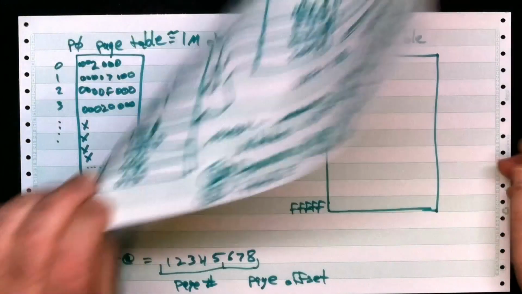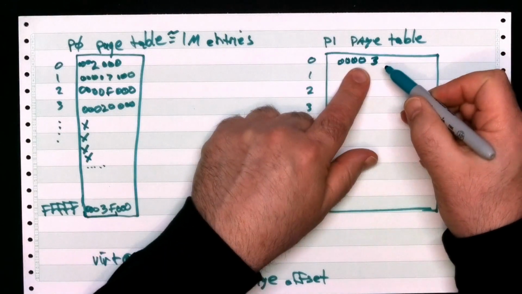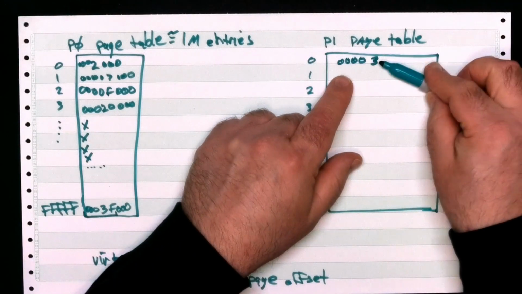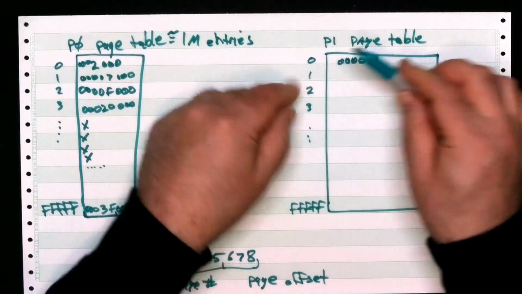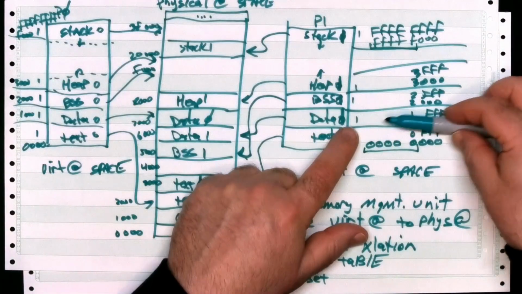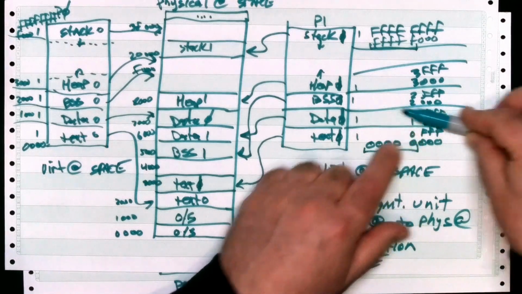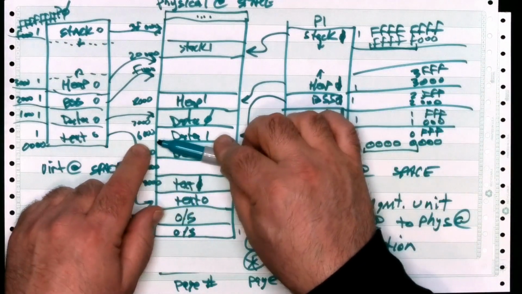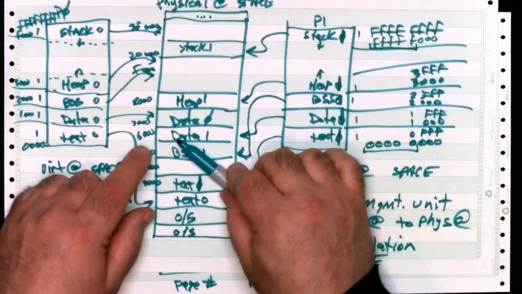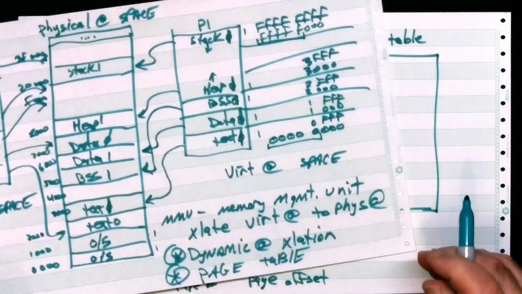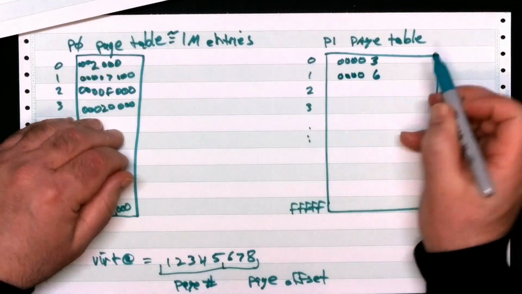So you could say 00003. Why? Because it's just the physical page number for the virtual page number 0. Virtual page number 1 at 1,000,000 is remapped over here to 6,000,000. So this virtual page 1 is mapped to physical page number 6. All right. So that's 00006.